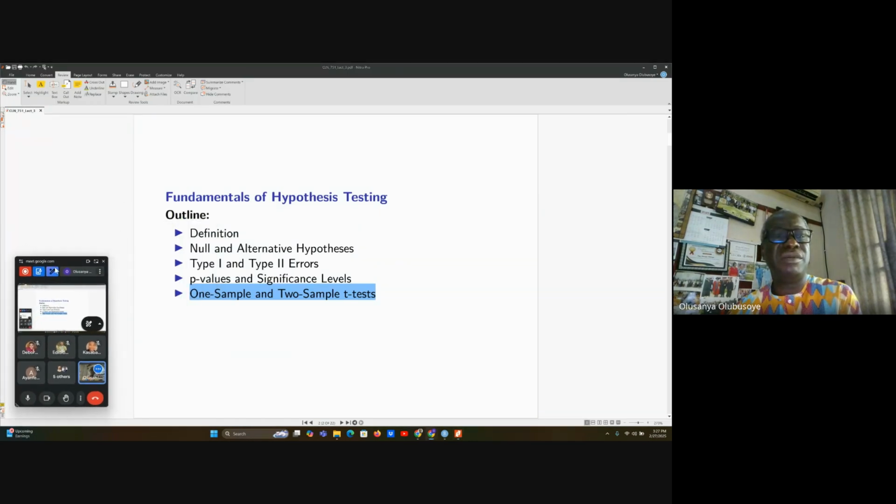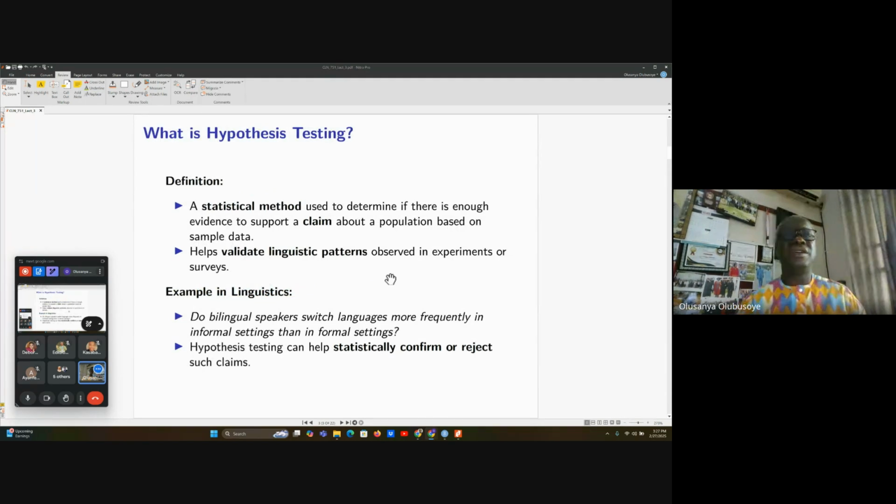So now, what is hypothesis testing? It's a statistical method used primarily to test a claim, or to support a claim or to reject a claim.